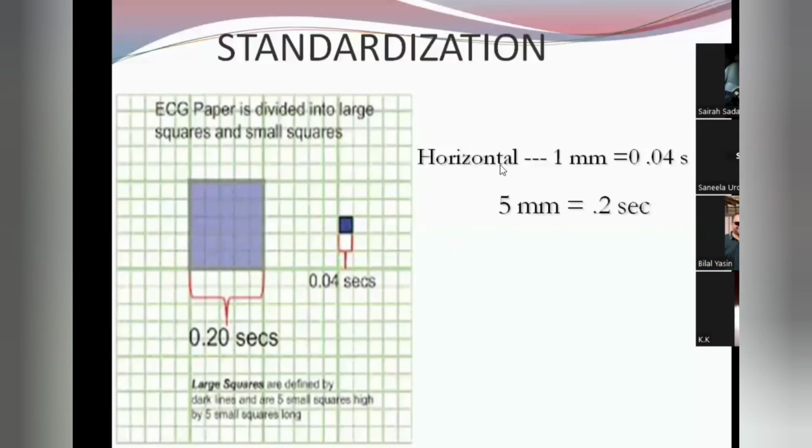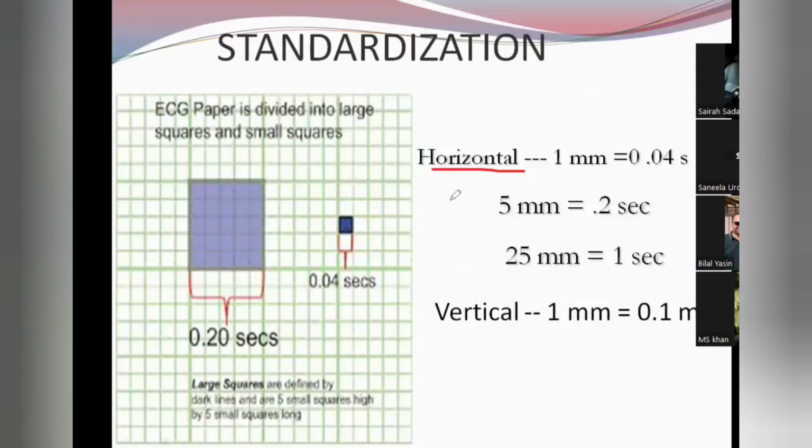There are the horizontal axes on a graph, and then there are the vertical axes. First, I will tell you the horizontal one, and then I will take you to the vertical axis. On the horizontal axis, like on this side, and the vertical is like this. On the horizontal axis, one small square is equal to 1 mm or 0.04 second.